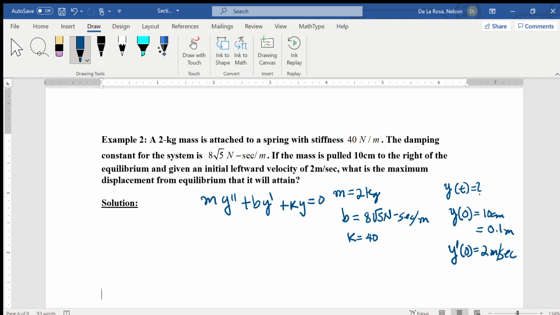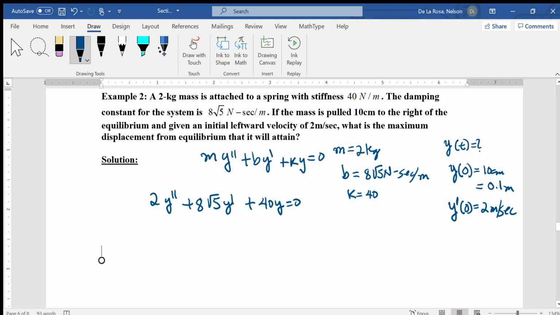So the equation is going to take this form: 2y double prime plus 8 square root of 5 y prime plus 40y equals 0. And now we're going to solve that equation to get the value of y.